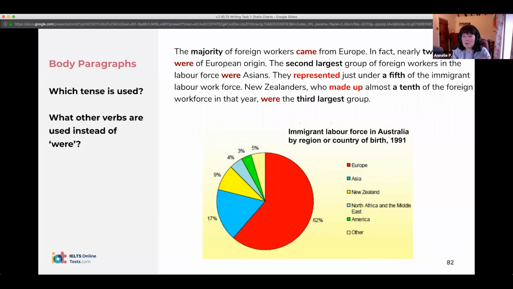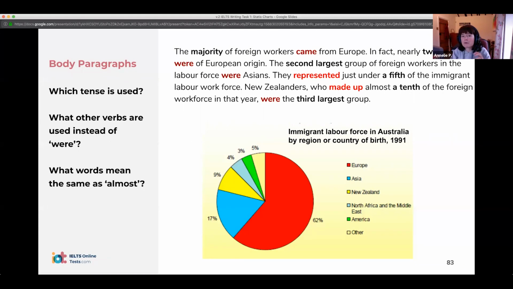Okay, represented, made up. "Accounted for" is another one you can use. "Comprised" works as well. "Amounted to" is another one. Again, it's IELTS, you've got to vary your language. So use lots of different verbs to talk about those figures.